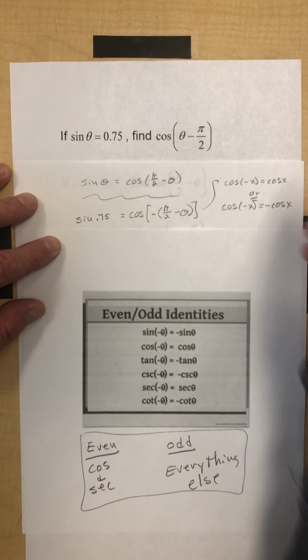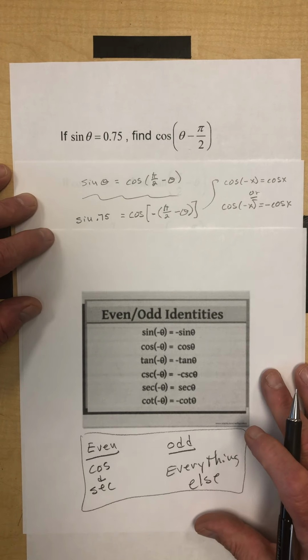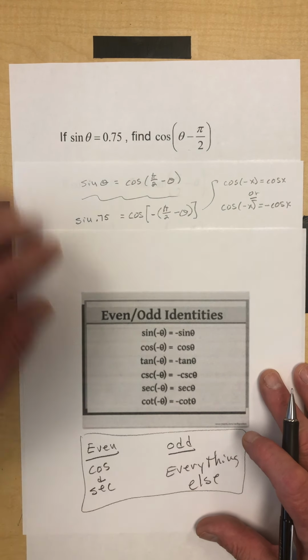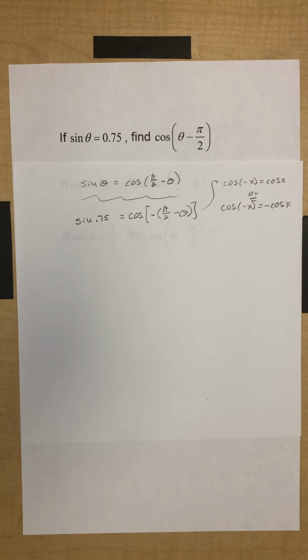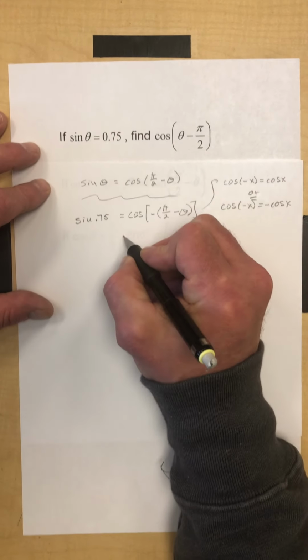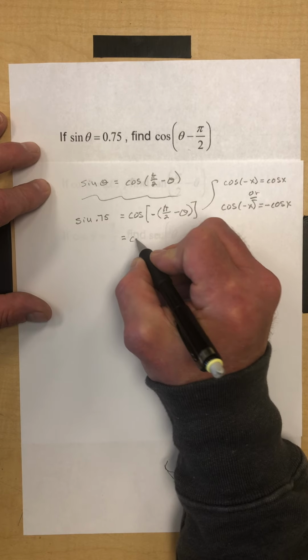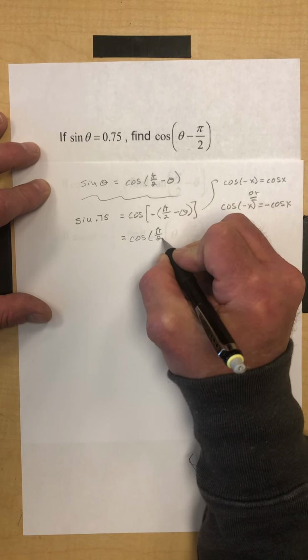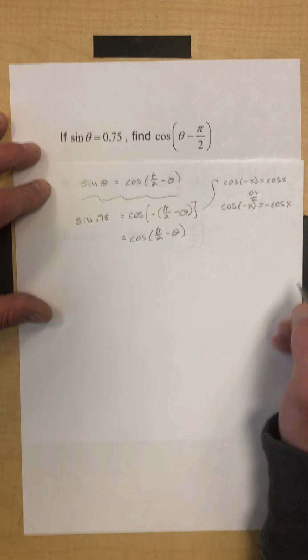Which one is it? Well, it comes down to whether or not cosine is odd or even. And if we look right here, notice that cosine is even. So that means that this guy on the right is the same as the cosine of pi over 2 minus theta.